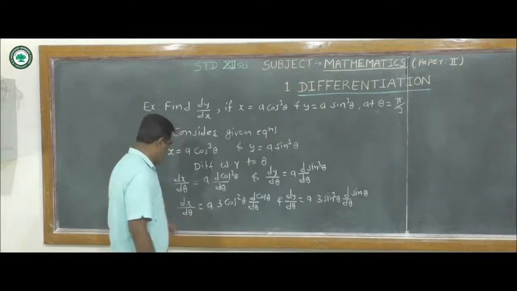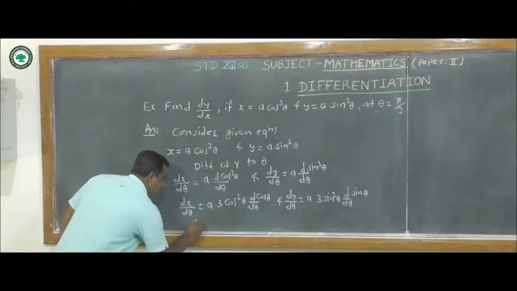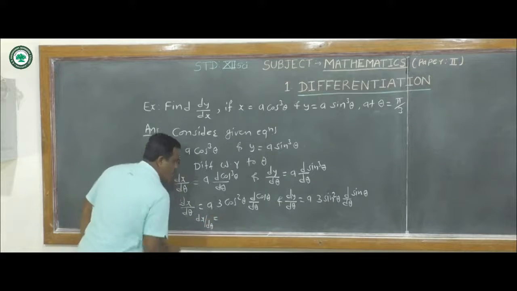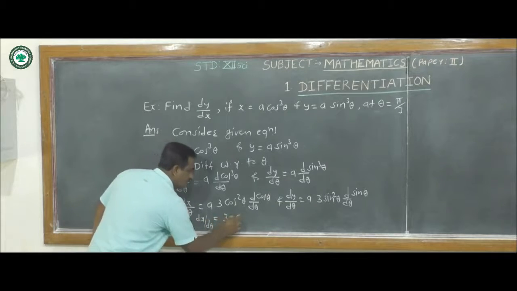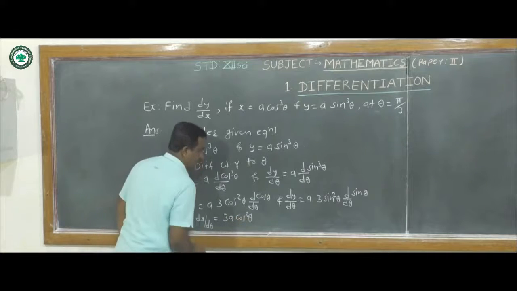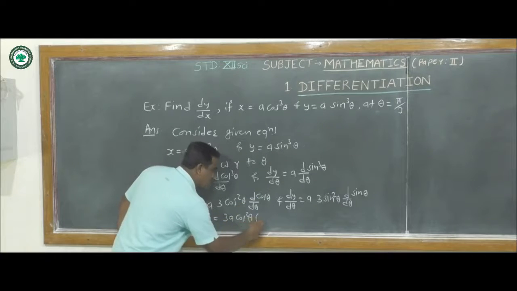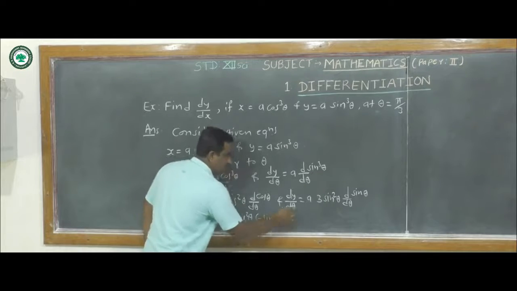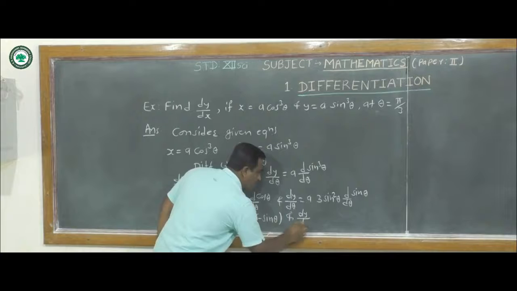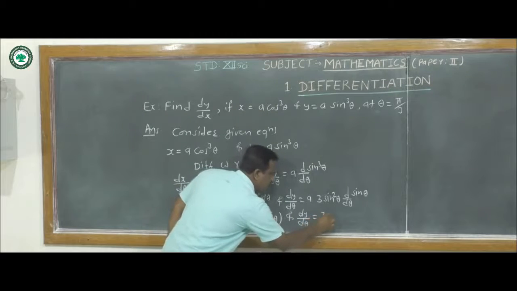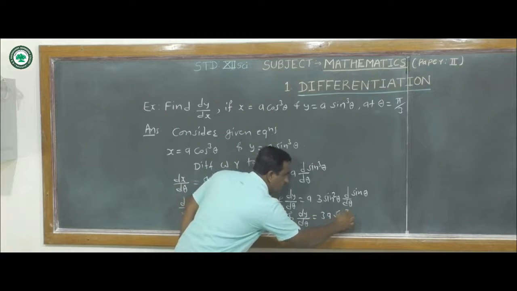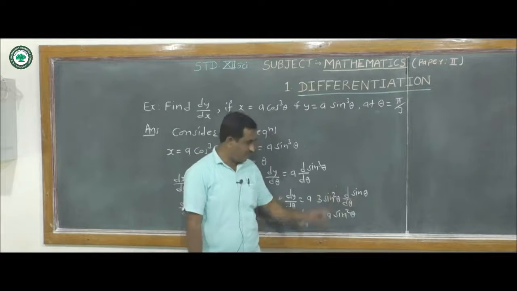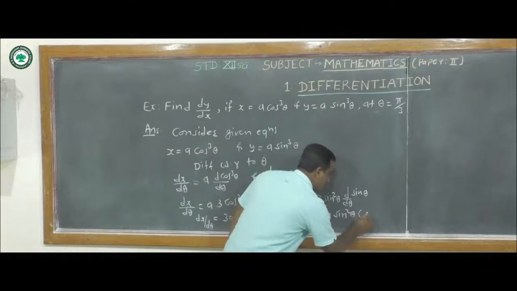Okay. Now further, dx by d theta is equal to 3a into cos square theta into the derivative of cos theta, which is minus sin theta, and dy by d theta equal to 3a into sin square theta as it is into the derivative of sin theta with respect to theta, which is cos theta.